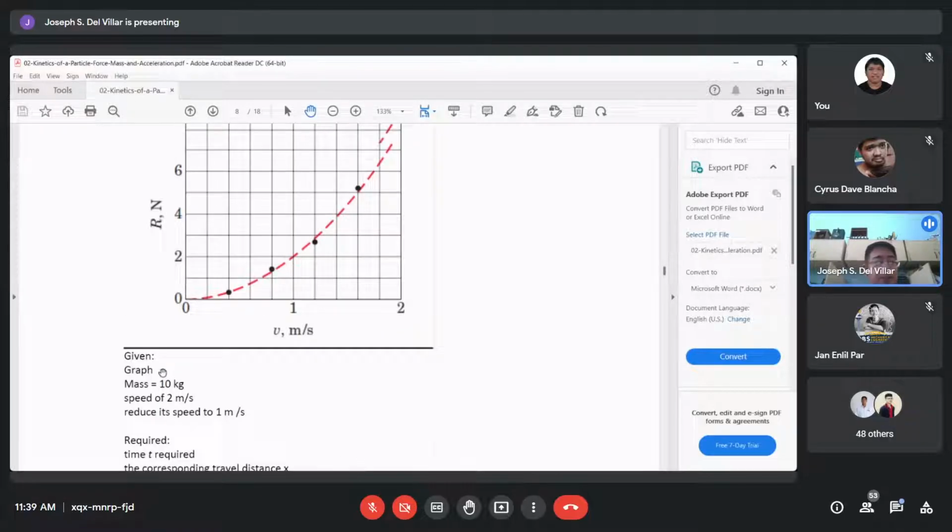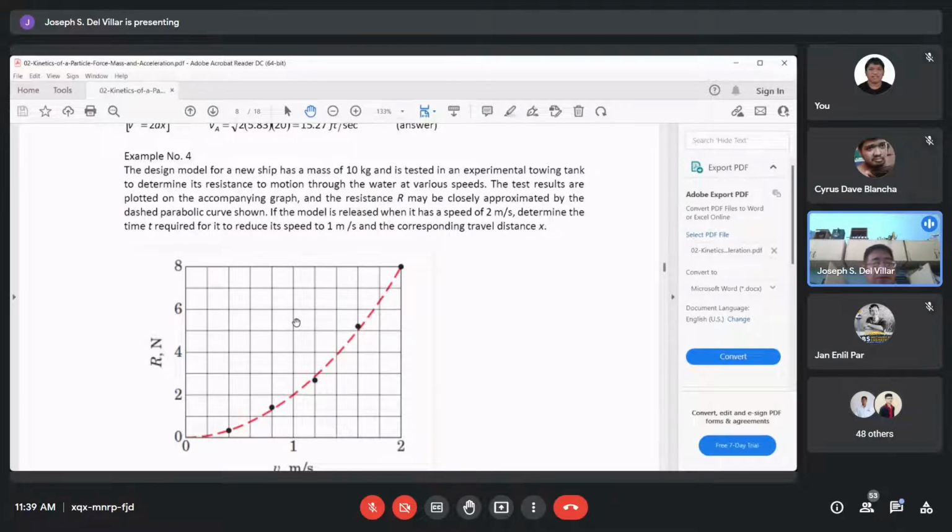Okay, let's have this. The design model for a new ship has a mass of 10 kilograms and is tested in an experimental towing tank to determine its resistance to motion through the water at various speeds. The test results are plotted on the accompanying graph, and the resistance R may be closely approximated by the dashed parabolic curve shown.